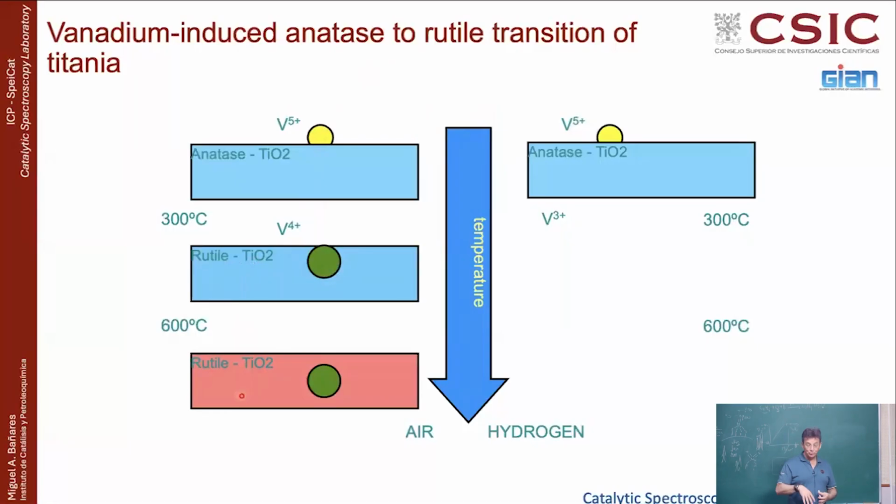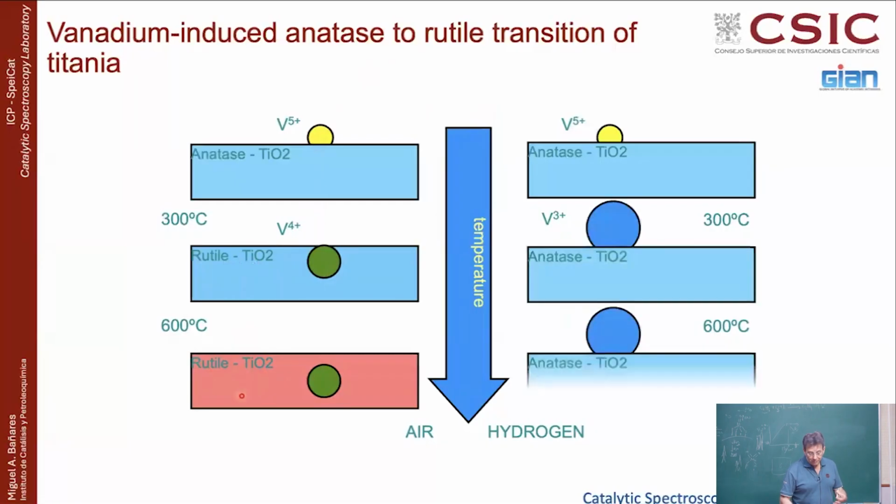But if you heat in hydrogen, vanadium will be reduced to 3 plus before there is a chance to diffuse into the lattice. And then above 500 degrees C, you're too big, you cannot enter, you stay outside, and then the anatase doesn't die into rutile, and the vanadium doesn't sink into it. It's simply stored there.